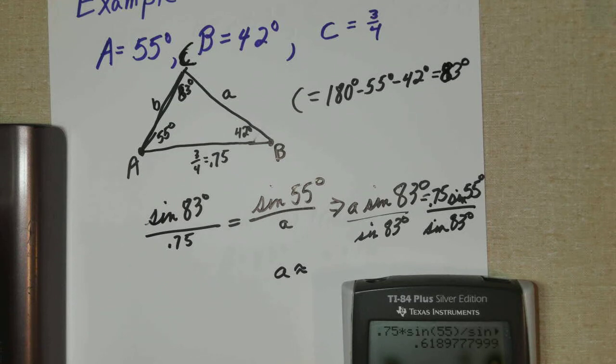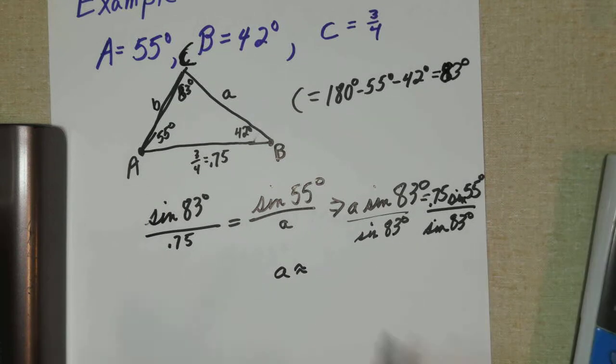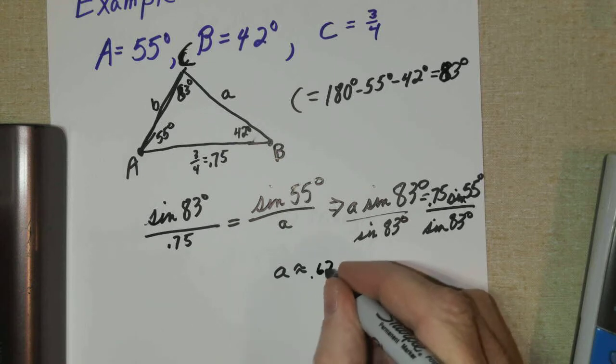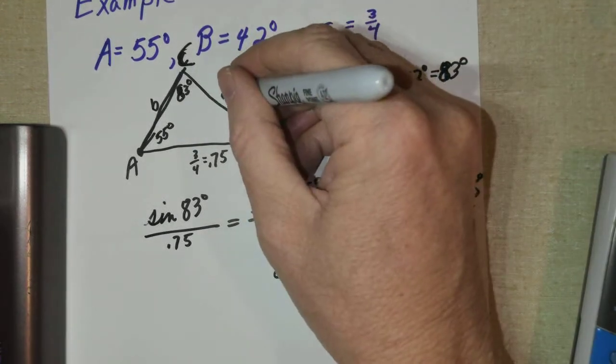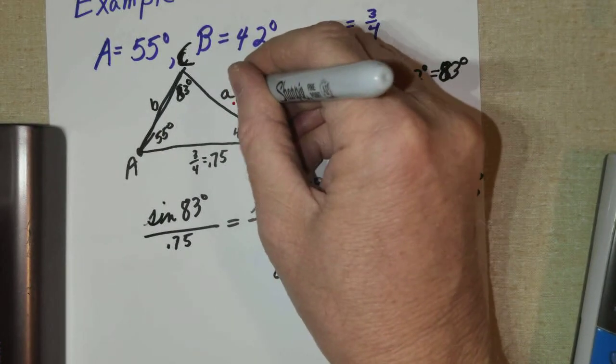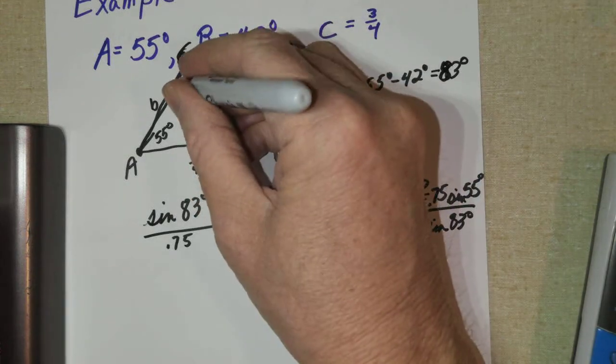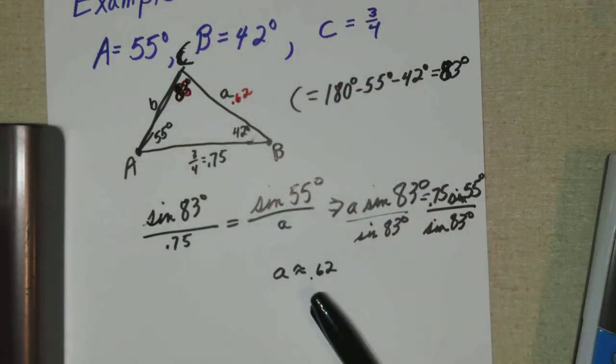And I get 0.62. A is approximately 0.62. That in red, 83 degrees there.